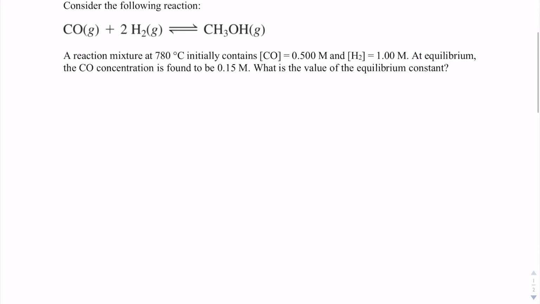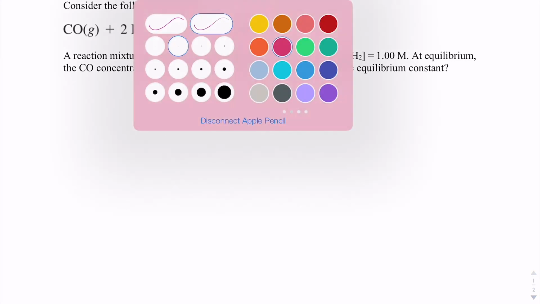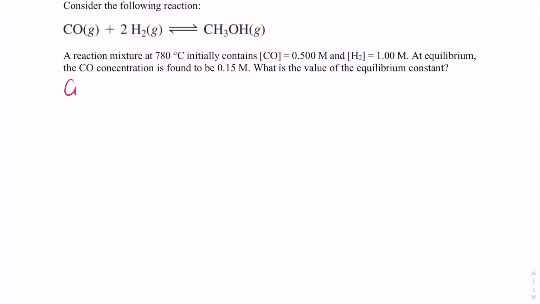Let's see how we're gonna deal with this situation. For this example question, let's put down the information we already know. Given is that the initial concentration of carbon monoxide equals 2.5, and the initial concentration of H2 is 1.